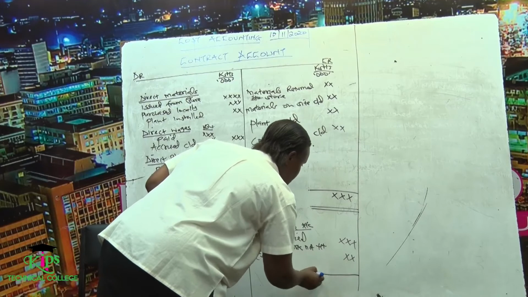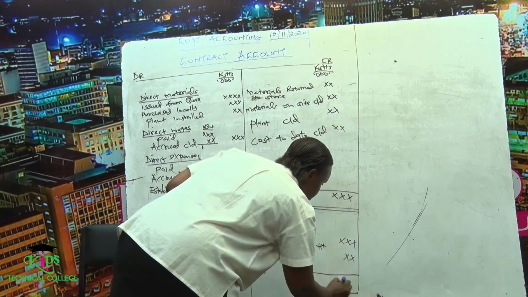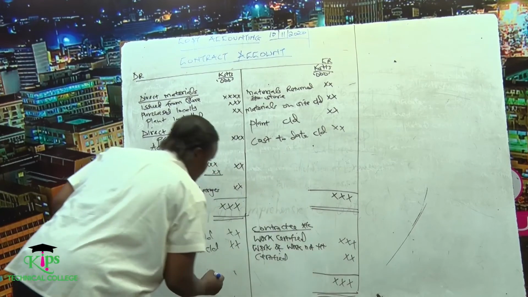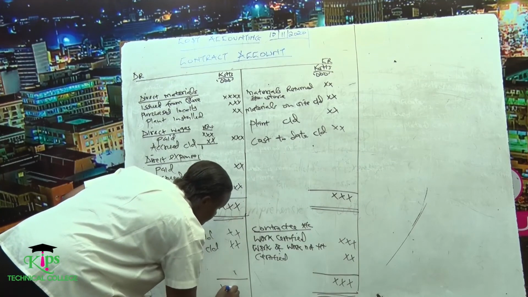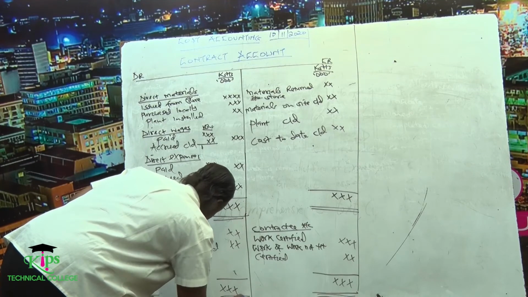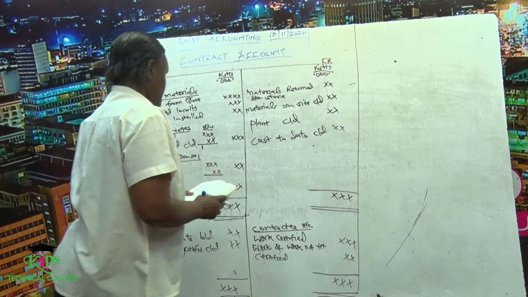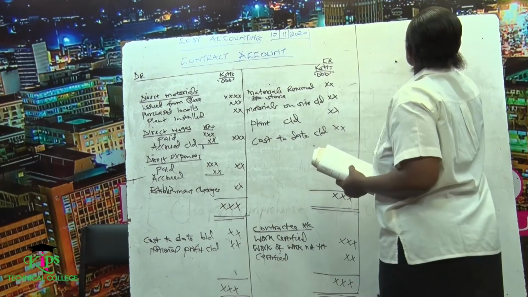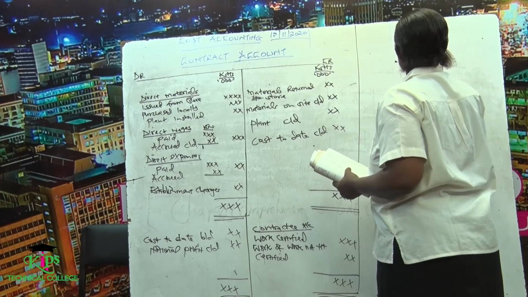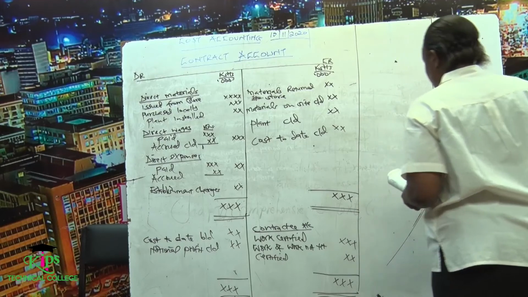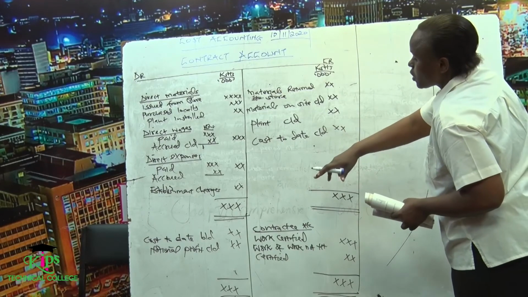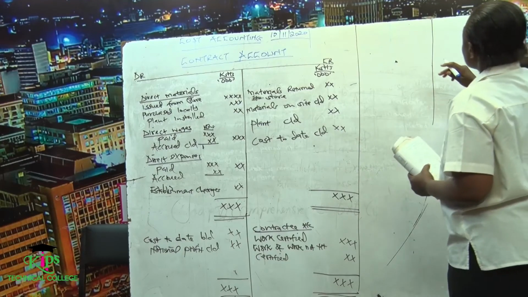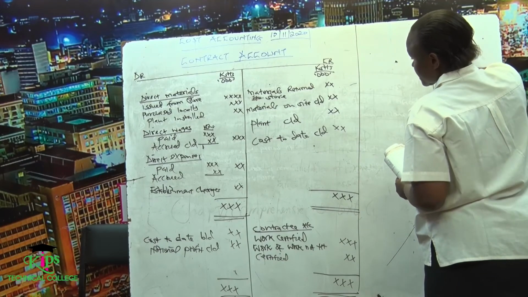This will give you another total. Now we take the notional profit. This is a continuation of the contract account. Now the notional profit carried down will be taken to the next period, on the credit side.